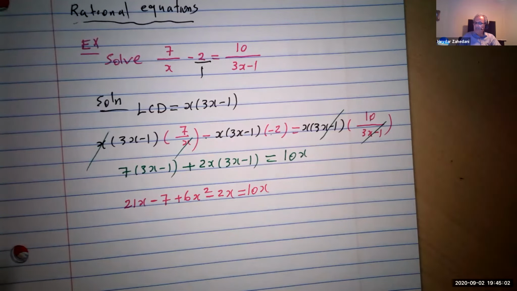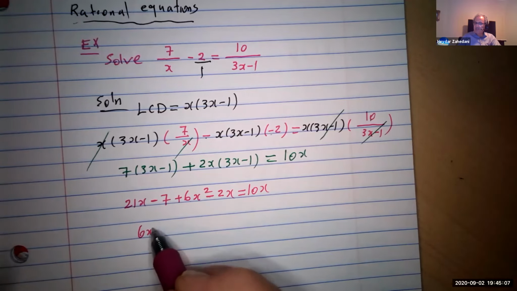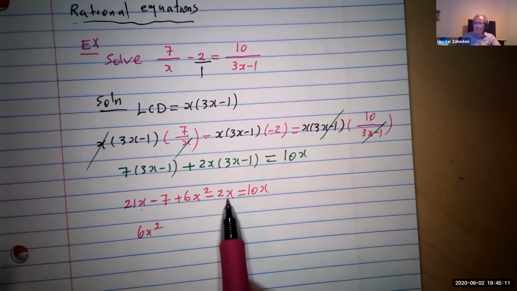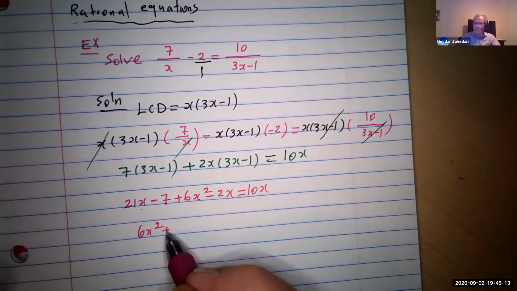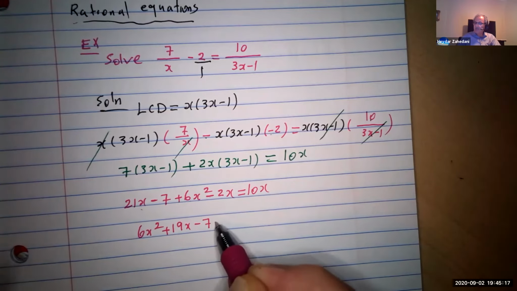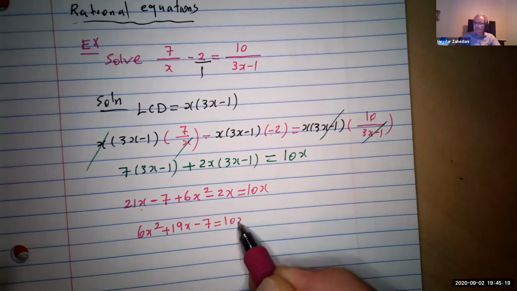Combine the like terms. Start with the 6x squared. Combine the like terms, 21 minus 2, so that gives you 19. It's 19x minus 7 equal to 10x.